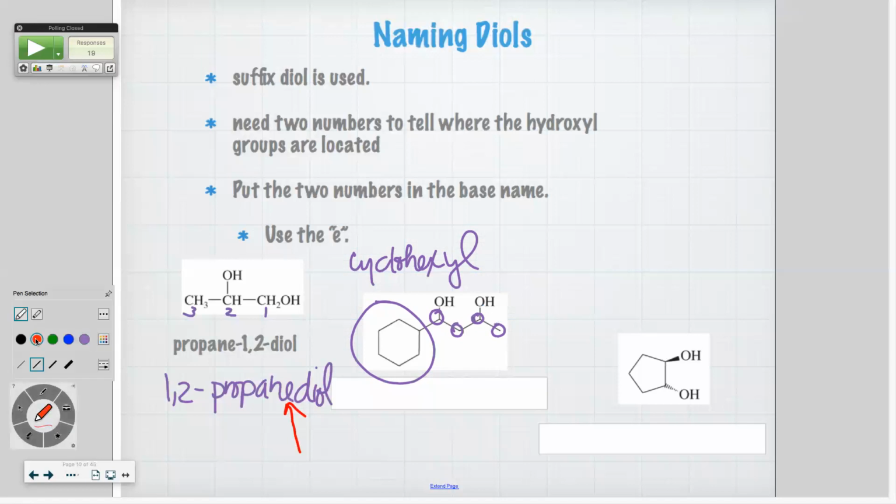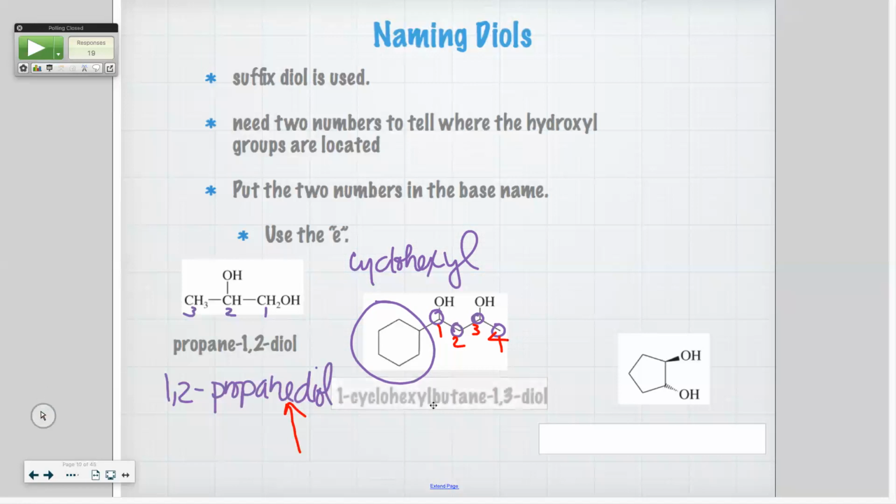All right, so which way do we want to number? We want the lowest possible numbering, so it's going to be this way, right? Left to right. So our base name is going to be butane 1,3-diol or 1,3-butanediol. And then you have your cyclohexyl group on carbon number 1.